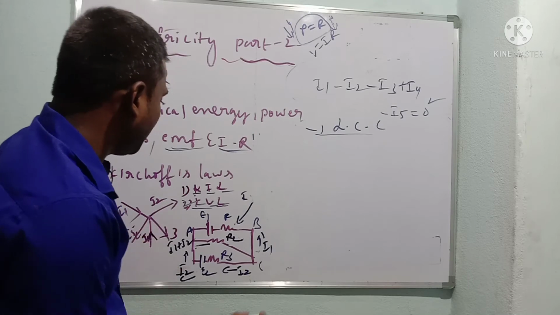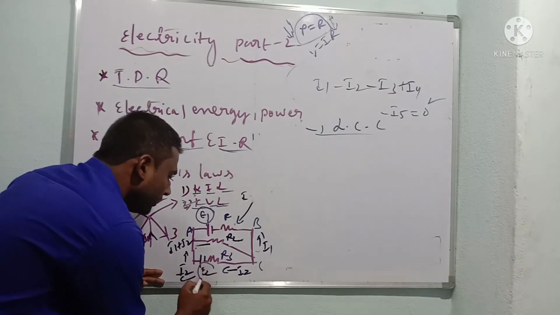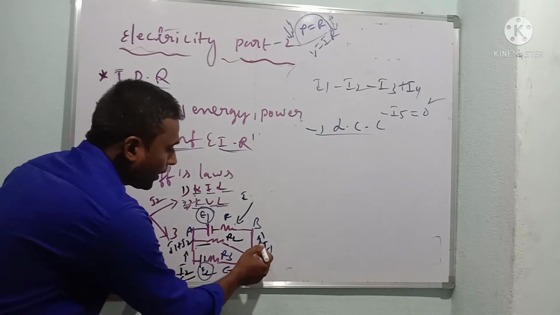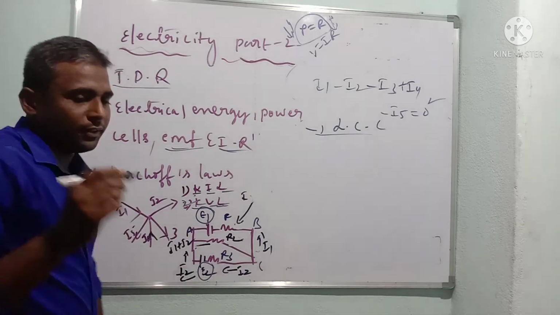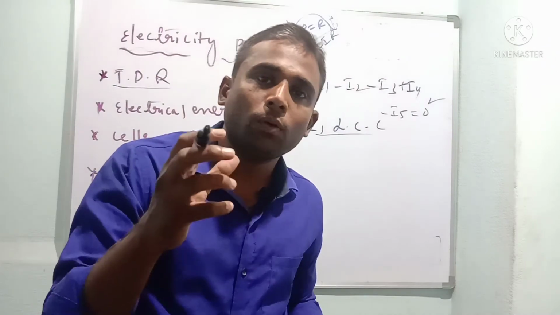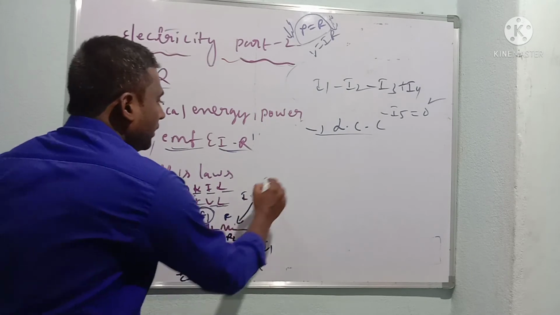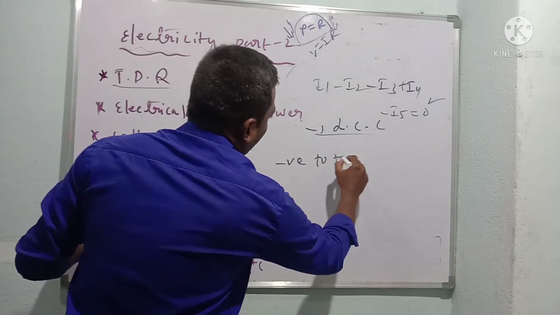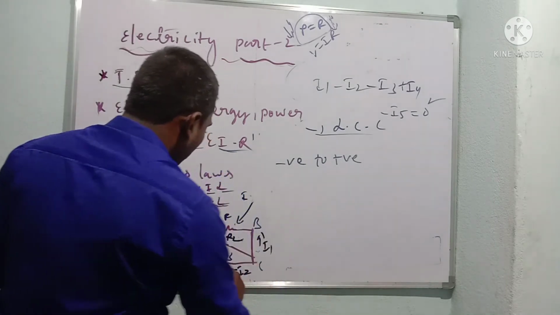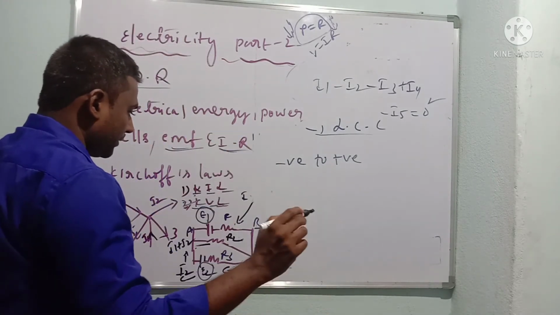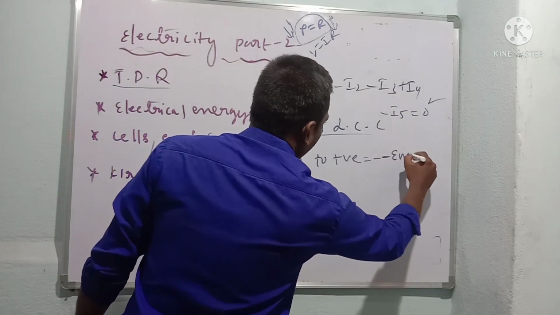So here what happens, children? Consider in the circuit a first electromotive force and a second electromotive force, and current is moving like this, and moving upwards. Here is a very important point in Kirchhoff voltage law. When we measure EMF going from negative terminal to positive terminal, it should be taken as minus EMF.